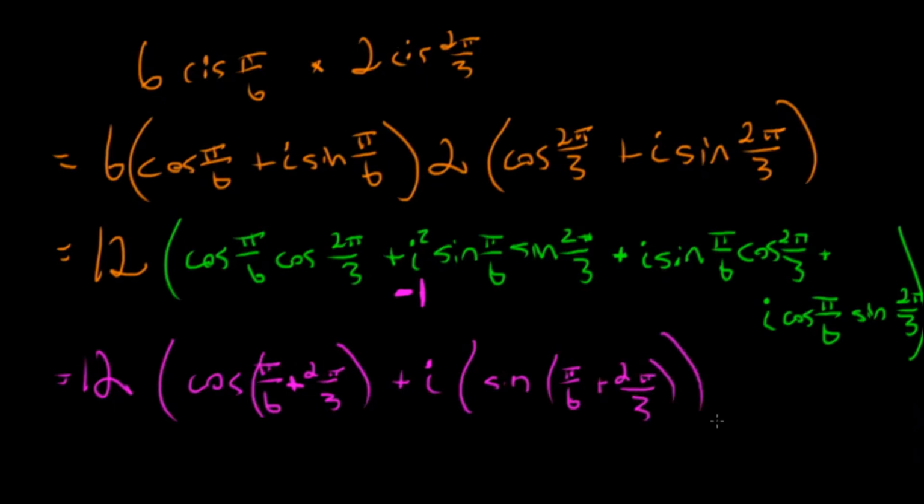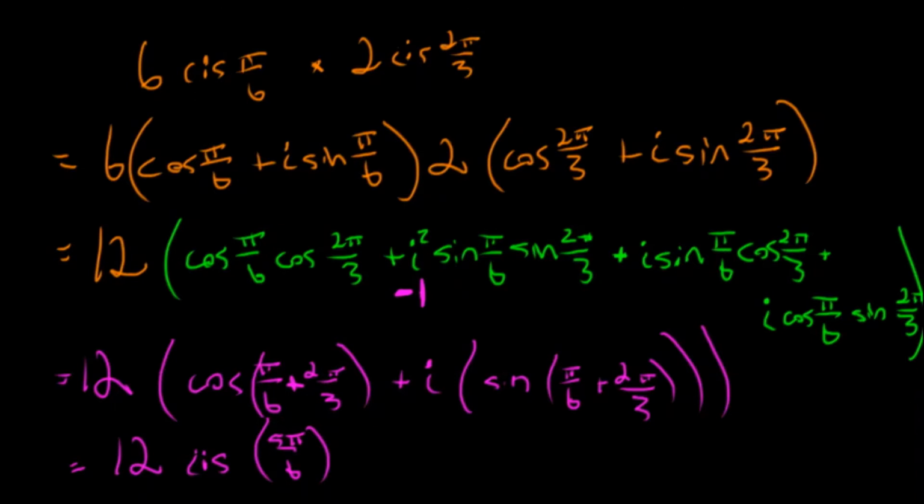All right? You may now see why multiplying in polar form is amazing, because what we're going to get here is 12 cis of pi over 6 plus 2 pi over 3. 2 pi over 3 plus pi over 6, that's going to be 5 pi over 6. We're done. And look what we did.